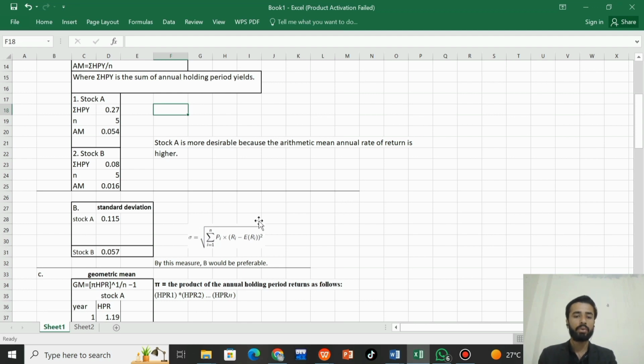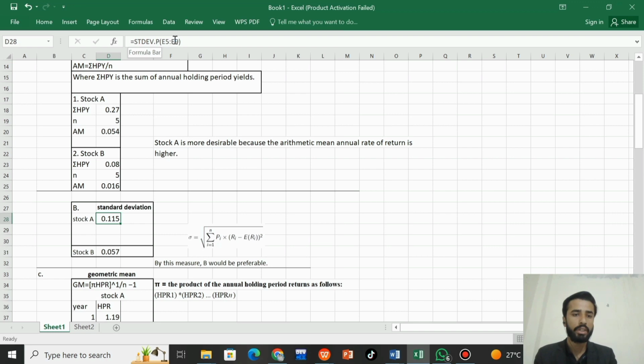Basically we have a book formula for this standard deviation. But in MS Excel, we use some different formulas to calculate standard deviation. Look how I have calculated this. For calculating standard deviation, I have put the formula equal to STDEV.P.